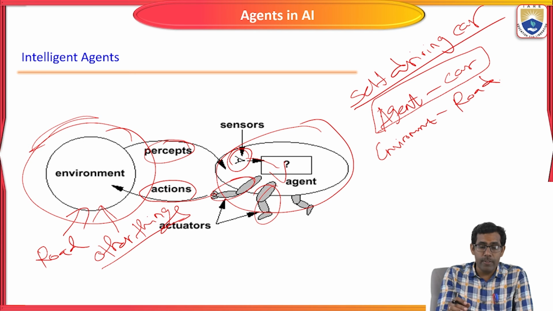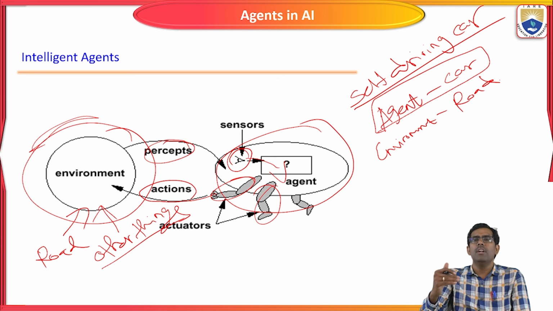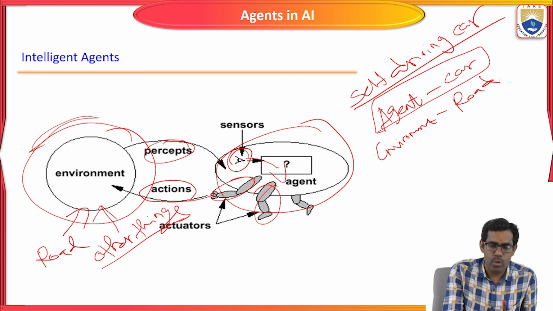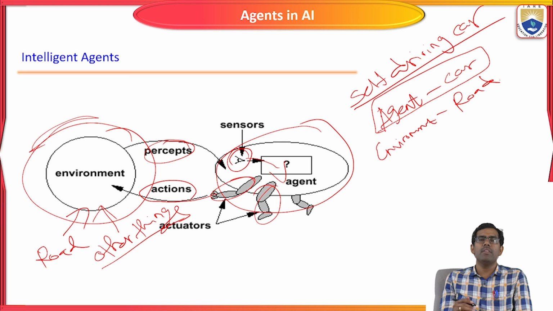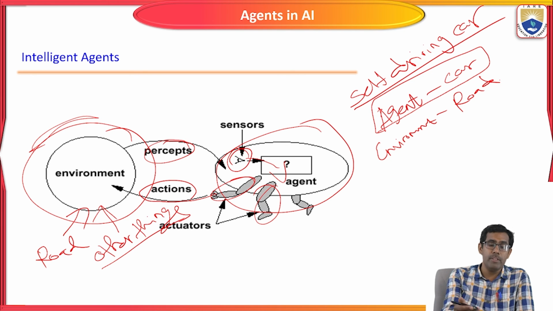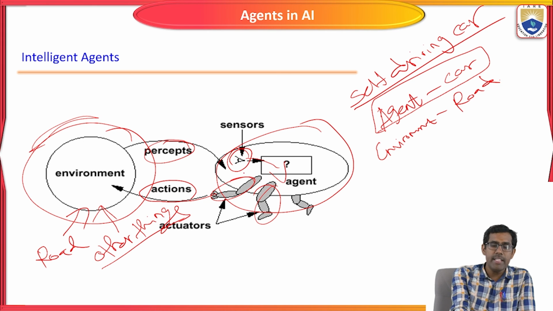Okay, so based on that information, for example, the feedback is again some speed brake on that road. Now the sensor will pass the information to the brake. Okay, so a speed brake is there, so please slow down your speed. Like that the information will be passed to the agent.